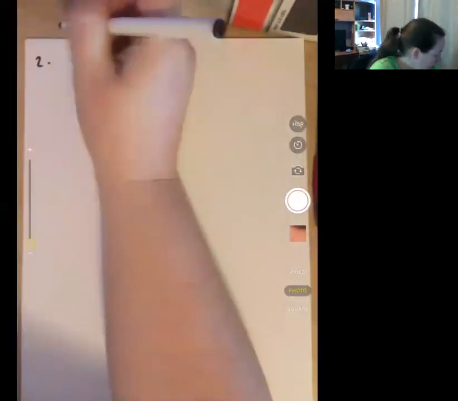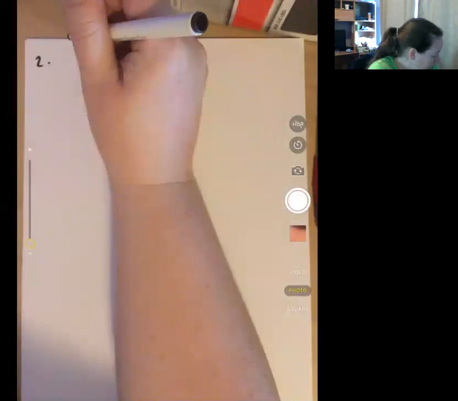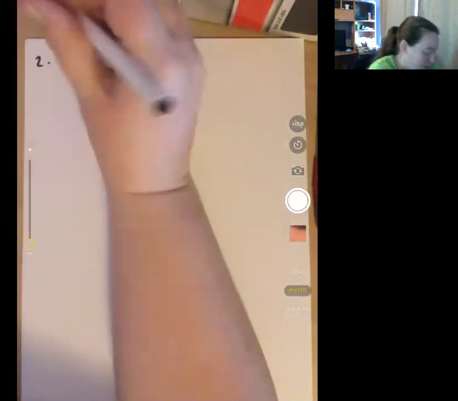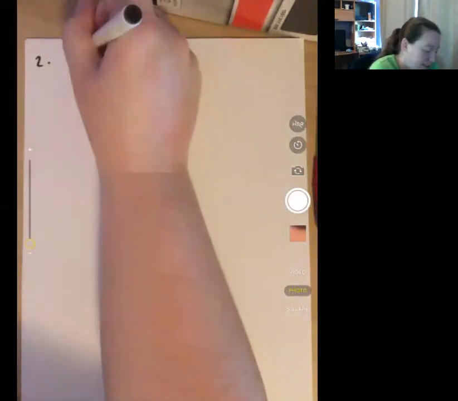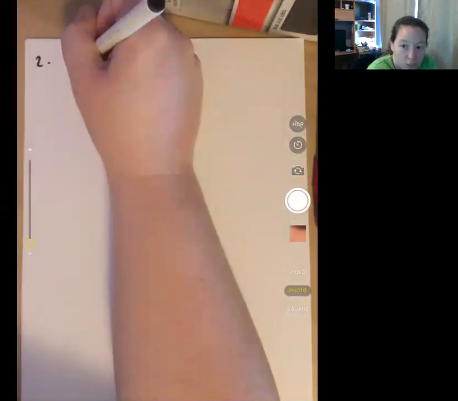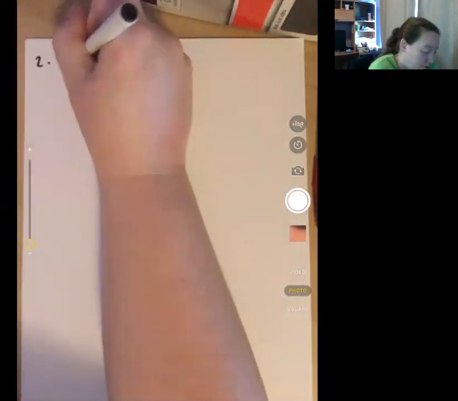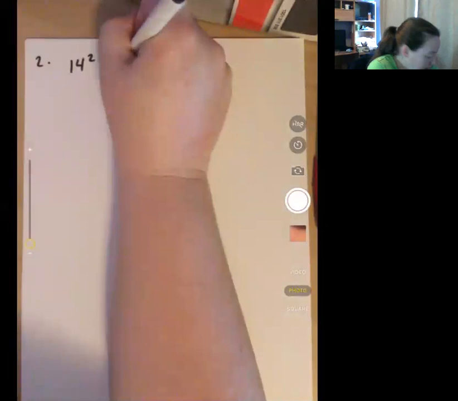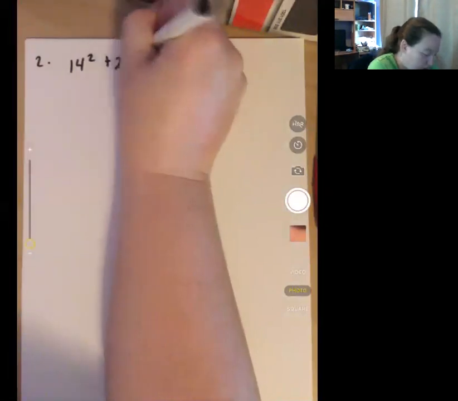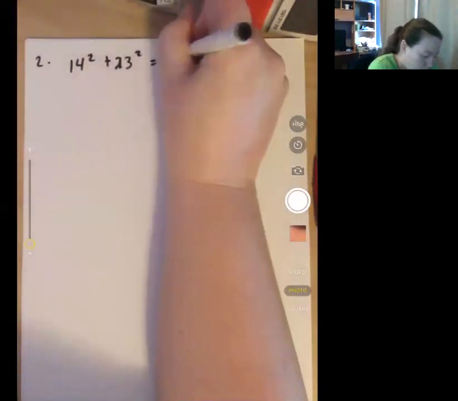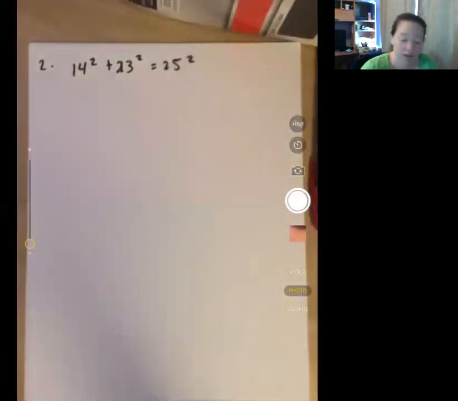So let's go down to the bottom to number 2, where it has 14, 23, and 25. So once again, we are using our a squared plus b squared equals c squared. So I have 14 squared plus 23 squared is equal to 25 squared.